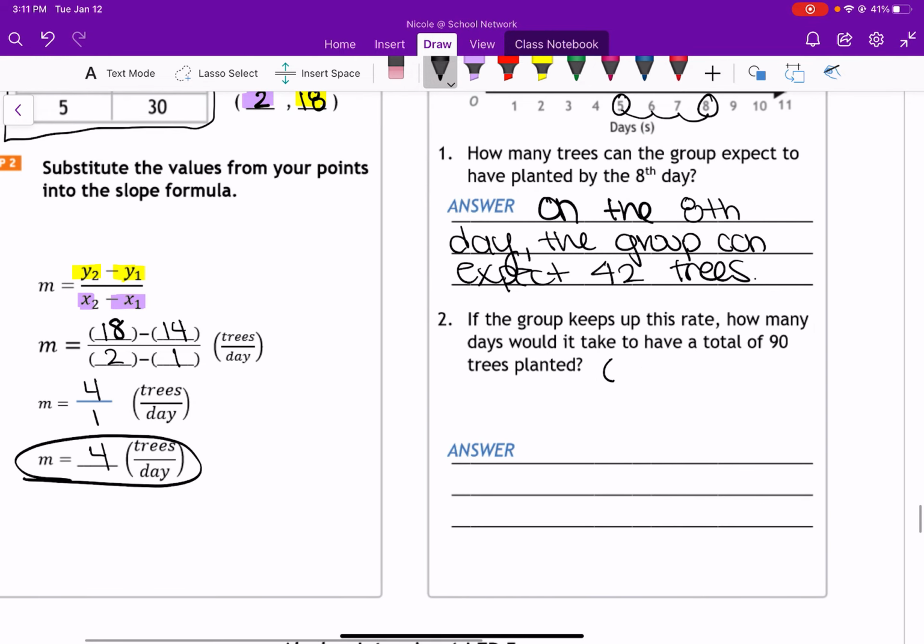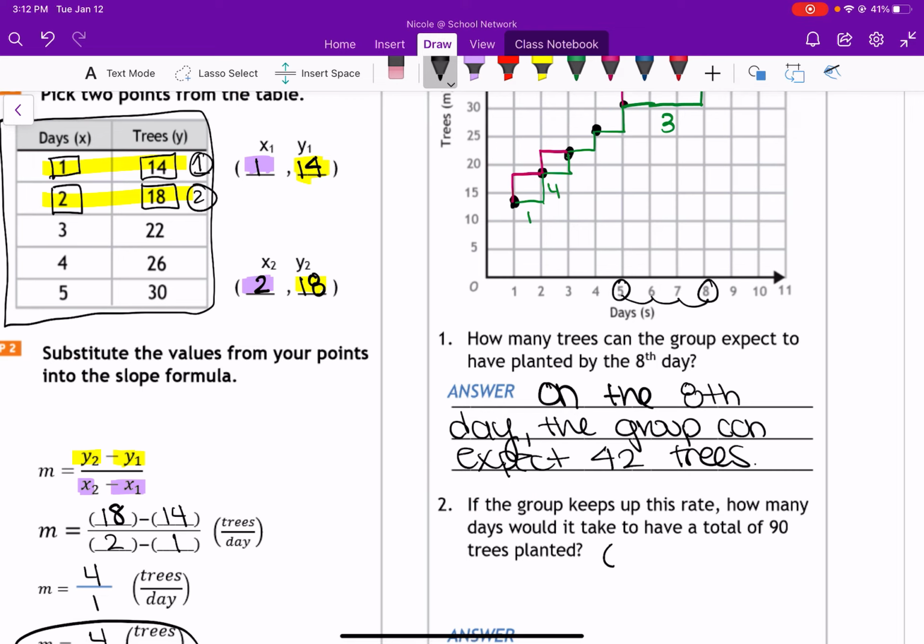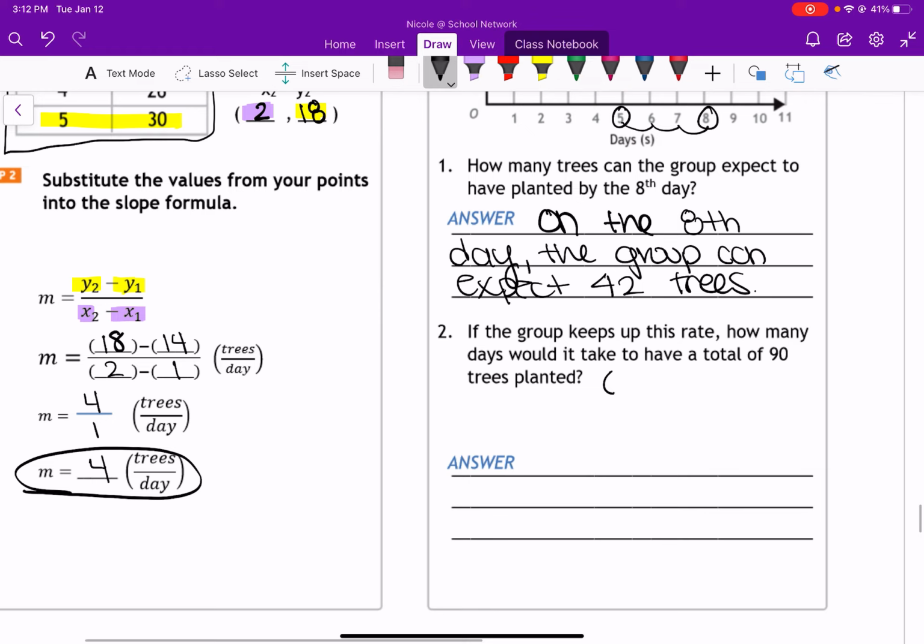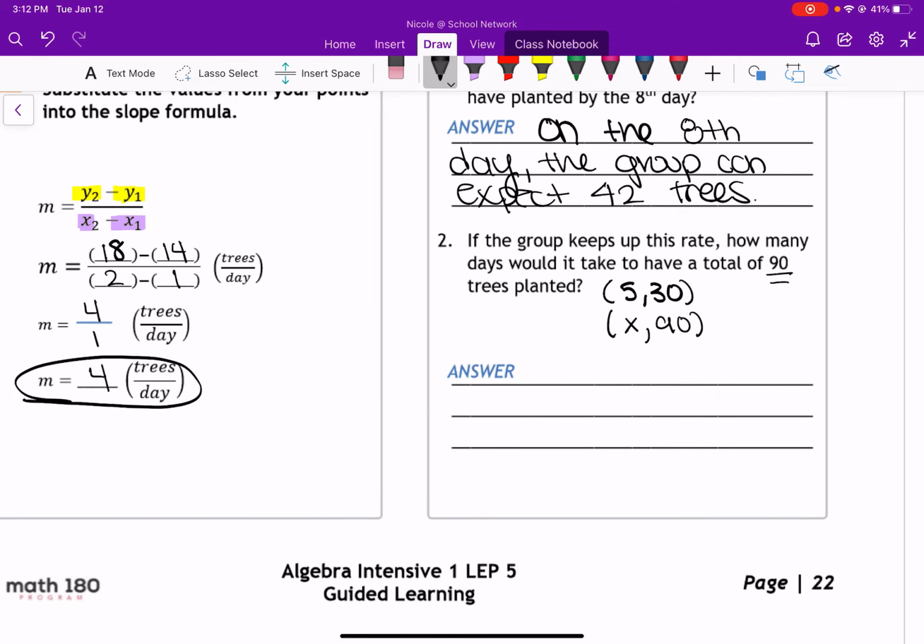If we choose any number, so let's choose this guy, (5, 30). And we want to know at how many days we will have 90. And so let's use our slope formula. And we know our slope is equal to 4.